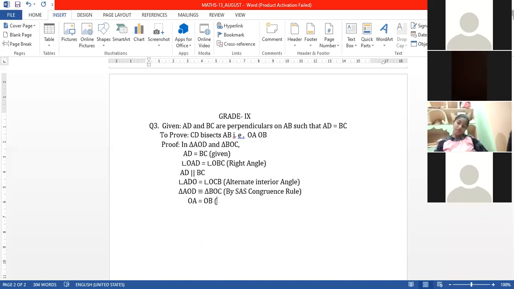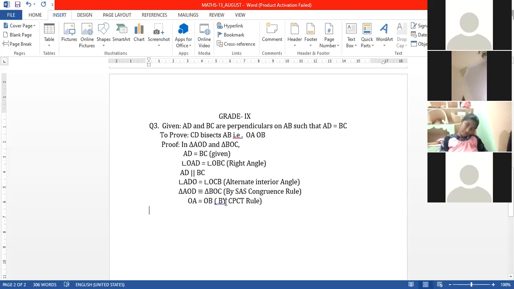If two triangles are congruent, then corresponding parts also will be equal. We can write here by CPCT. What is CPCT? Corresponding parts of congruent triangles. By CPCT rule.